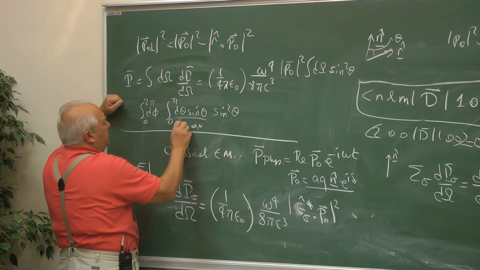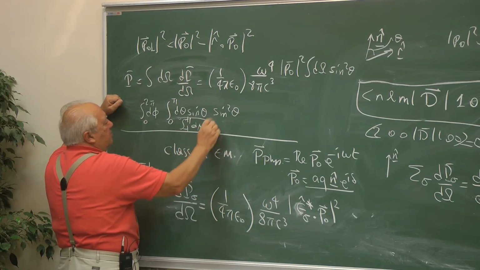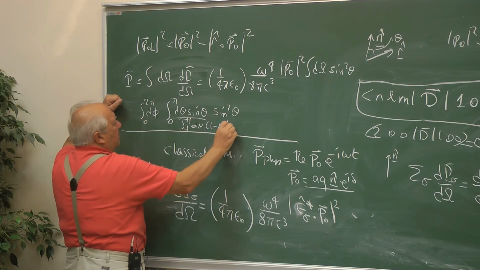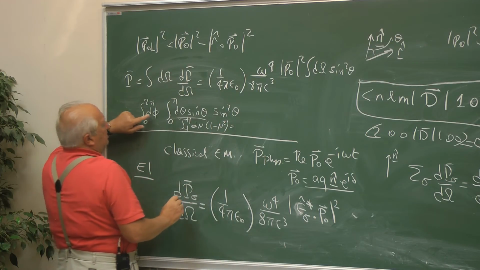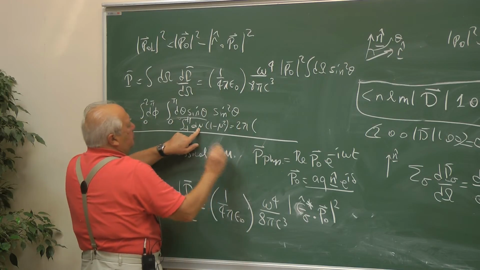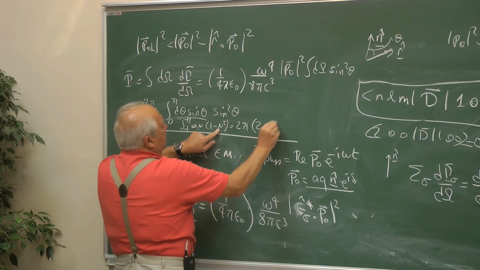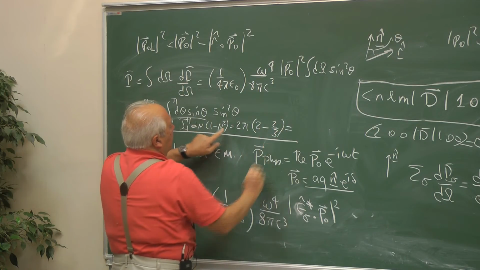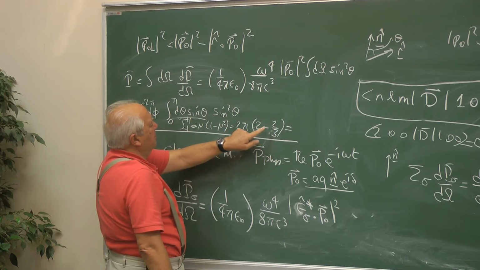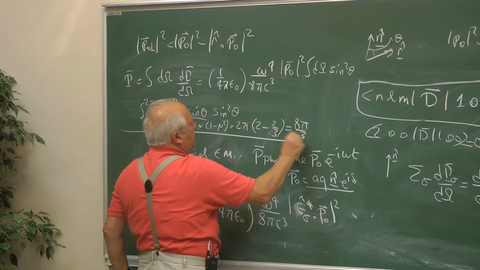This was minus, so the sign flips, minus 1 to plus 1. And this is 1 minus cosine squared theta, 1 minus mu square. D phi gives me 2 pi times, this gives me 2 minus 2 over 3. 3 times 2 is 6, minus 2 is 4. 4 times 2 is 8, so it is 8 pi over 3.